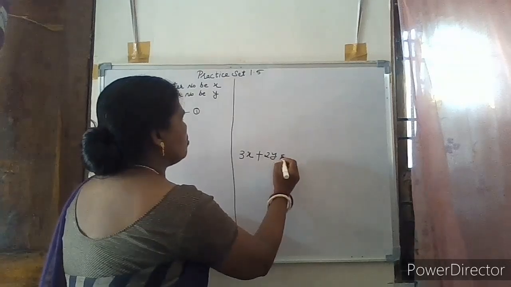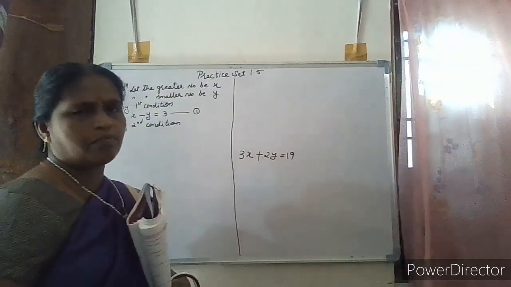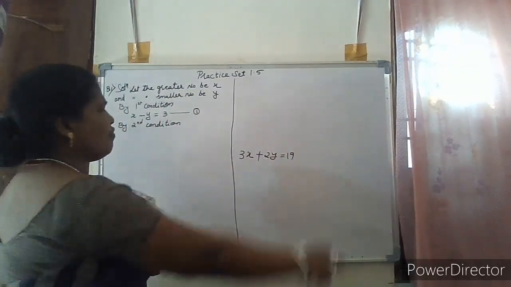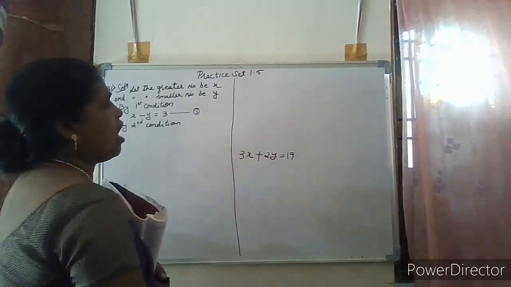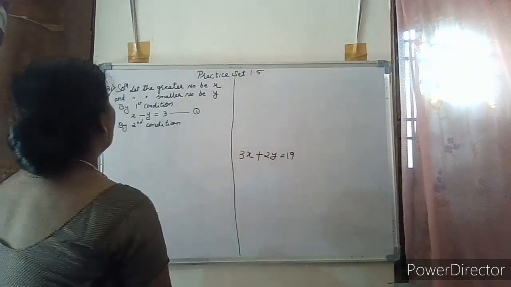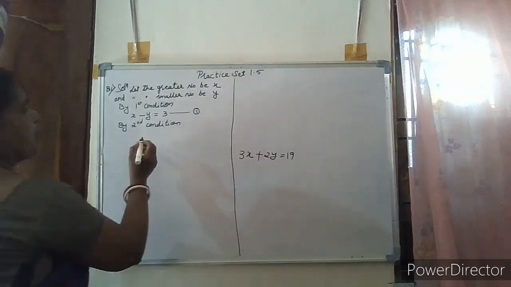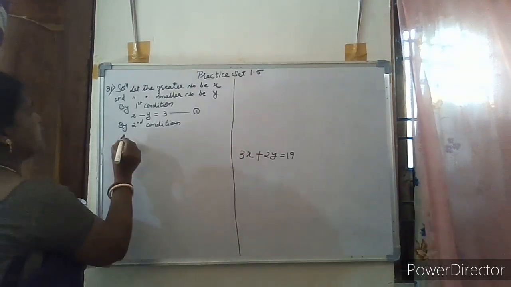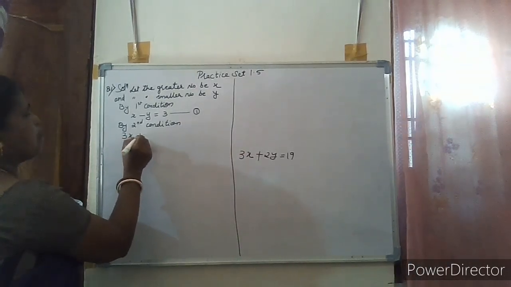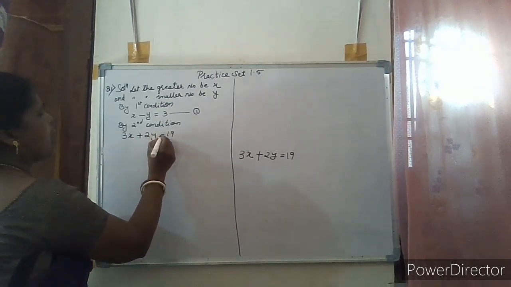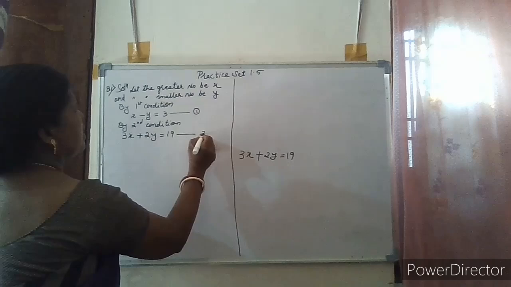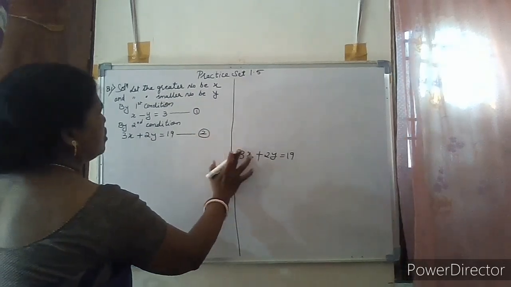And the sum of these two is equal to 90. I have written in this form because linear equations are always written in alphabetical order. So this, the second condition, is 3x plus 2y is equal to 90. According to the second condition, I have got equation 2.